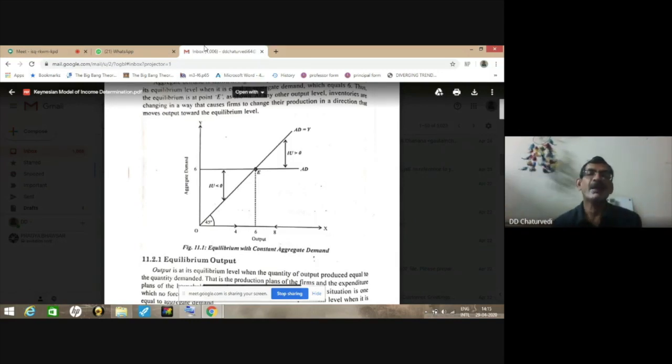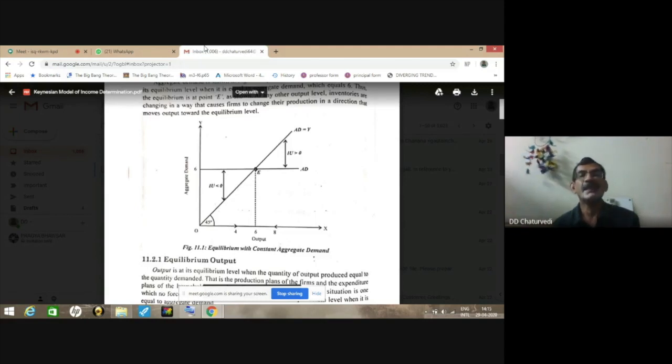But for any point which is to the right of equilibrium point E, unplanned inventories are positive, or you can say there is unnecessary accumulation of inventories.